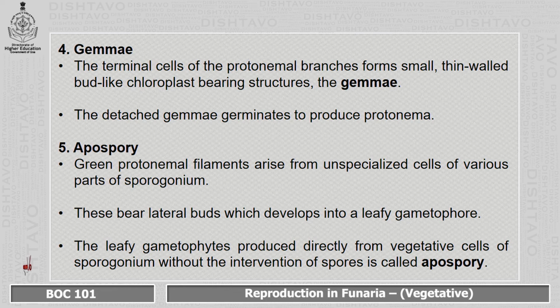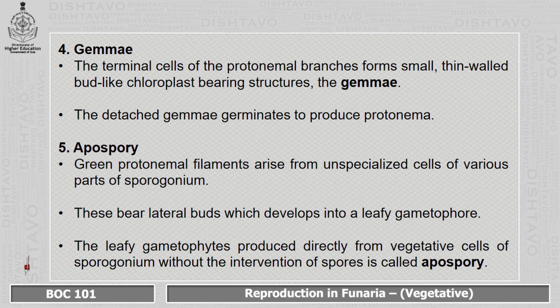So the various methods involved in the vegetative reproduction of Funaria: first is the multiplication of the protonemal stage, where the green cells multiply and have the capacity to grow into a new gametophore.